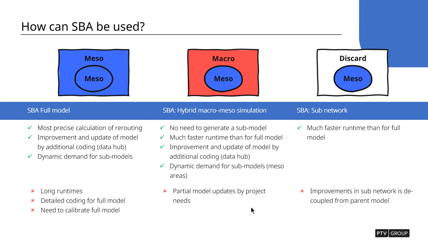Also, your coding efforts are smaller. And again, the improvements you do for the network are in the parent model. Also here you can cut subnetworks with a dynamic demand profile. The disadvantage is that you do always as much as you need for the current project.